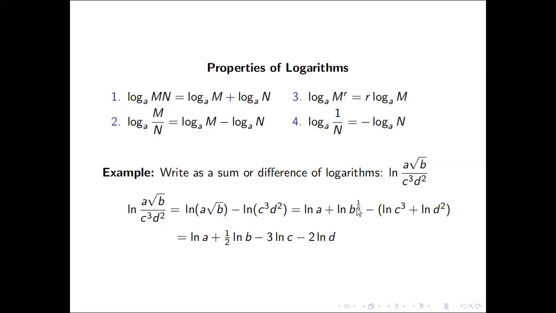So we have 1/2 here, bring it down. That's 1/2 ln b. And then we distribute the negative sign. We have minus, minus, and then drop down the exponents: 3 ln c and 2 ln d. And we now have this single logarithm as a sum or difference of the logarithms of the individual factors present. Any question?